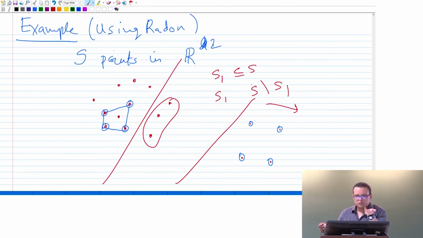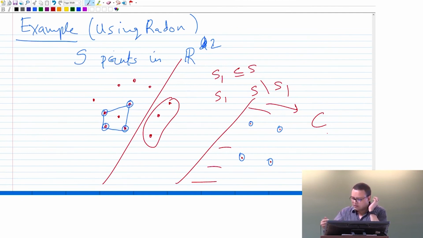But the one red point in between is in the convex hull. So all of these points form a convex set C, and the convex hull is the smallest convex set containing the blue points, and that itself contains a red point. So this convex set C will contain that red point also. So I will not be able to separate, and it does not matter what line I take, by the way, whatever line I take, we will suffer from this problem.